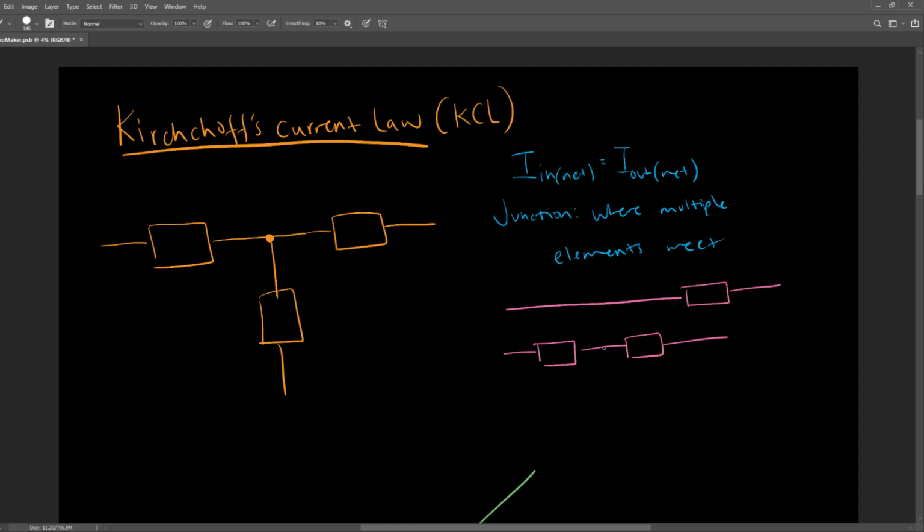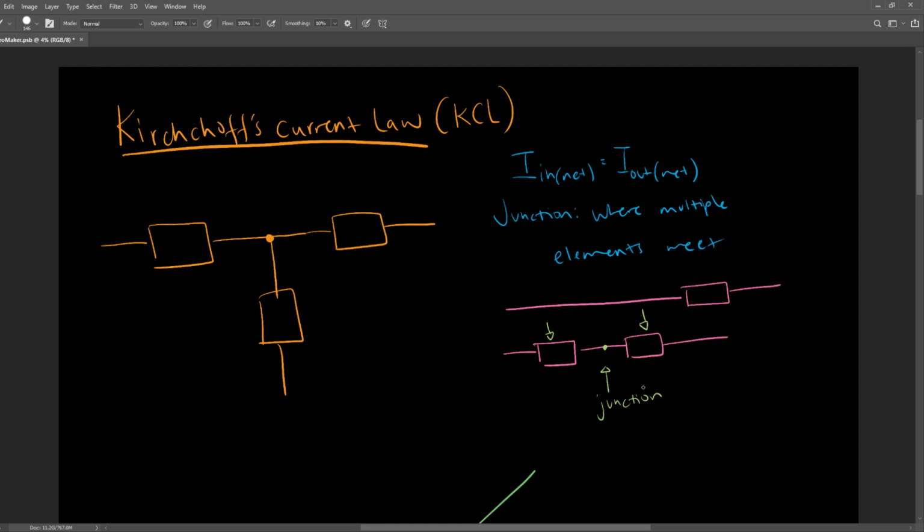We have a junction right here because two elements are meeting right here in the center. And what they mean by element is the element's respective wire, because these elements change the currents flowing through these wires, or they can. But nevertheless, this is still a junction.